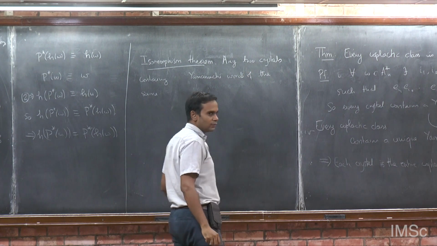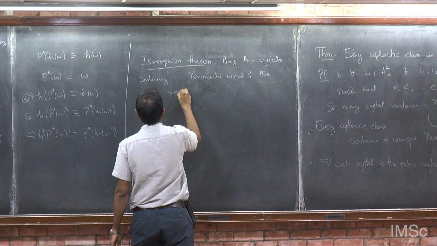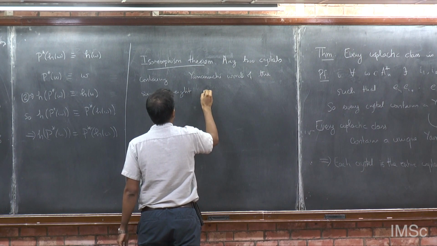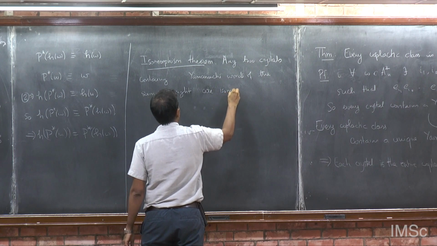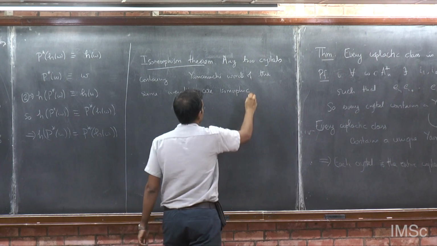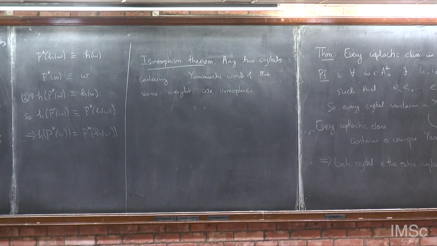So each crystal contains a unique Yamanouchi word, right? So you look at those Yamanouchi words. The proof basically comes from this theorem. We'll show that both the crystals are isomorphic to the crystal coming from the super standard Yamanouchi word.